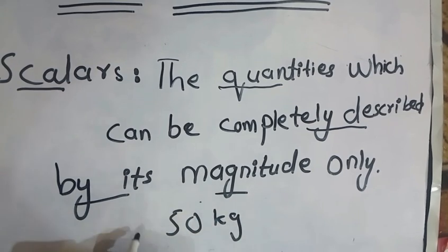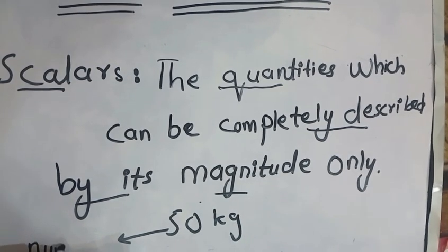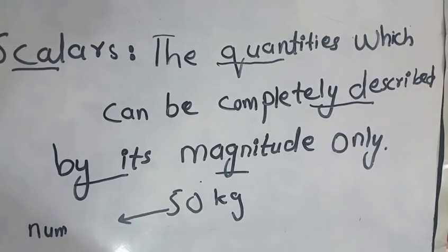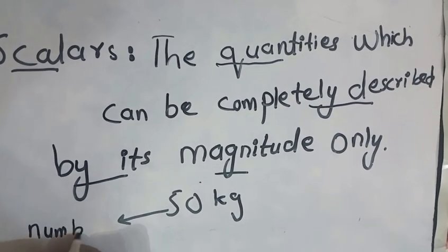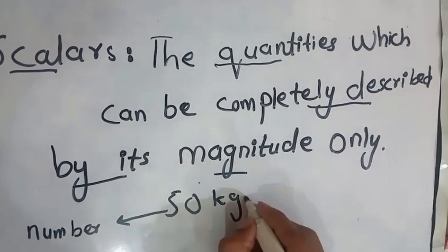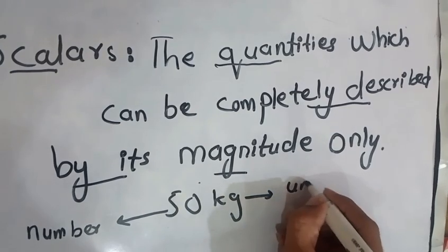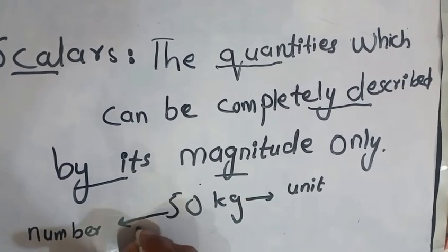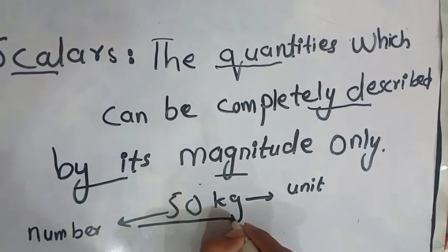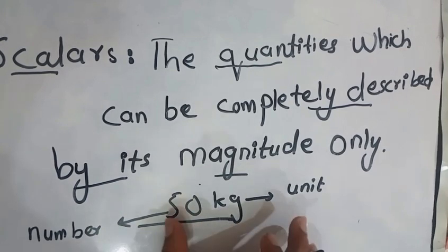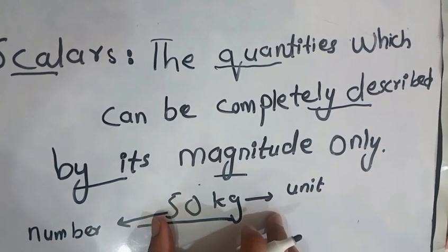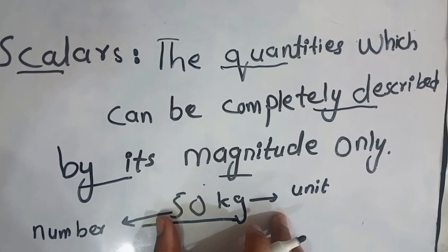So this 50 is my number, or you can say numerical value. This is my unit. Together, this is called a magnitude.